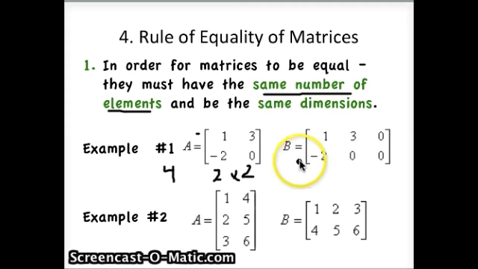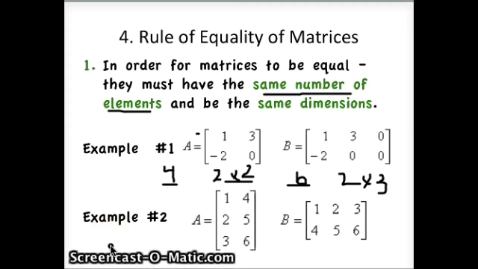Matrix B has 1, 2, 3, 4, 5, 6 entries or elements, and it's 2 rows by 3 columns. So 2 by 3. Okay, so we know that these matrices cannot be equal because not only do they not have the same number of elements or entries, but they are not the same dimensions. So these cannot be equal.